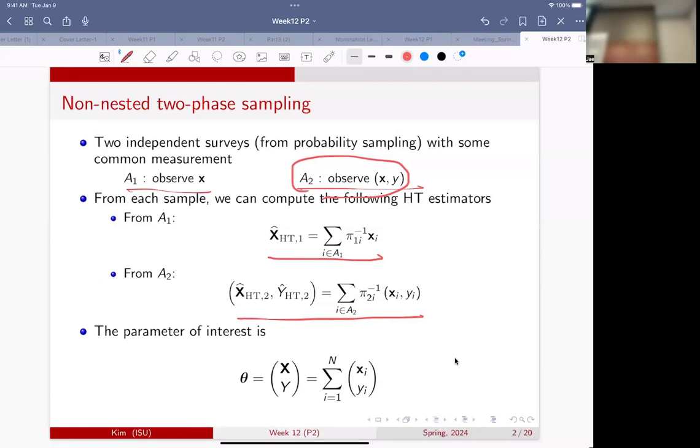A1 is somebody else, some other agency. For example, say we are interested in doing some kind of survey. You have a particular research problem, and we have survey questions already, but we realize that some other agency has some information.